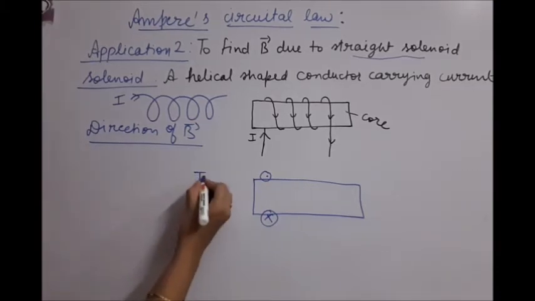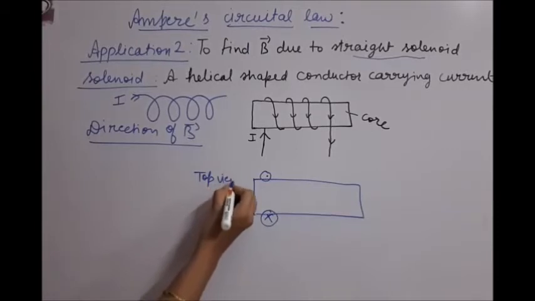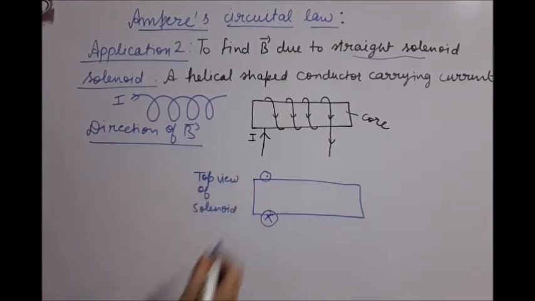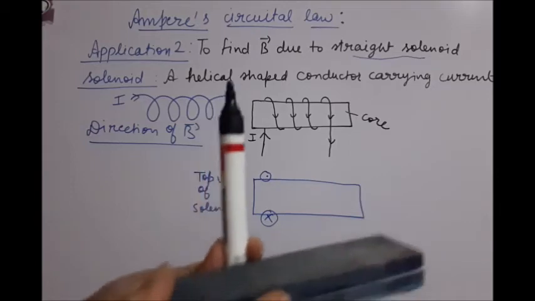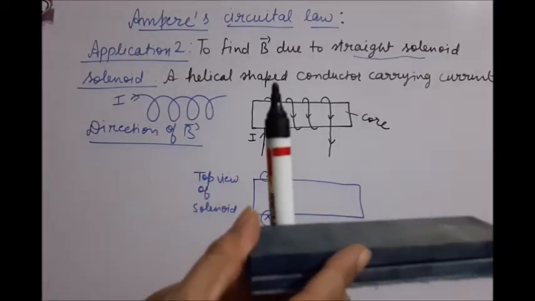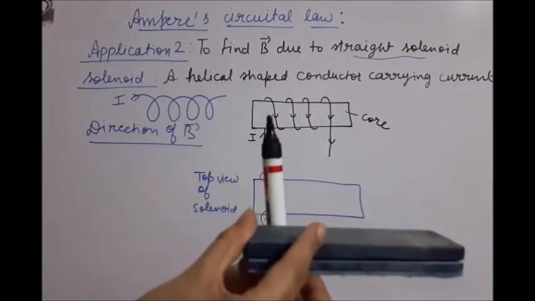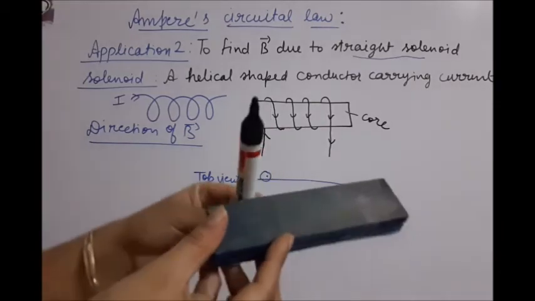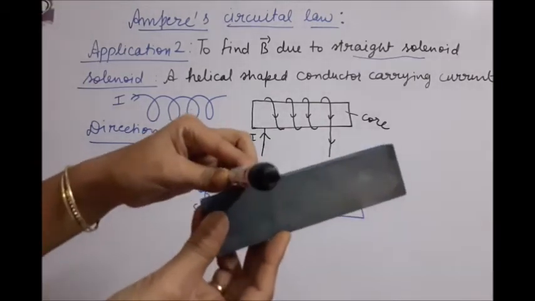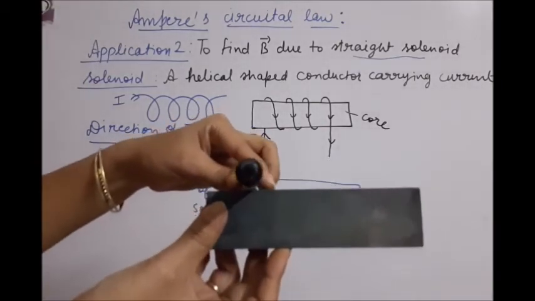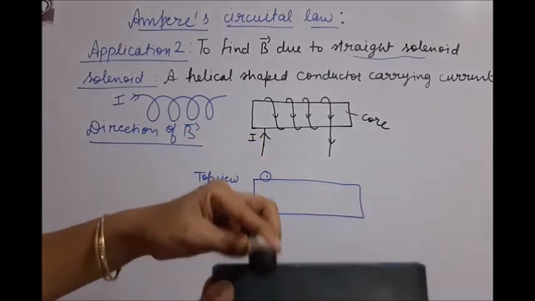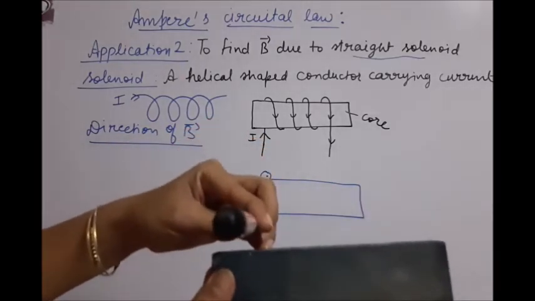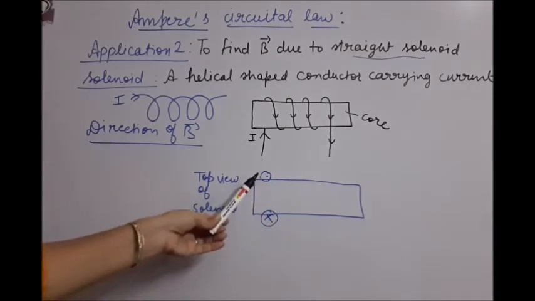This is the top view of the solenoid. Understand it again. Current was coming here upwards. If we see the top view of this solenoid, here the current is coming out of the board, so I have shown a dot.